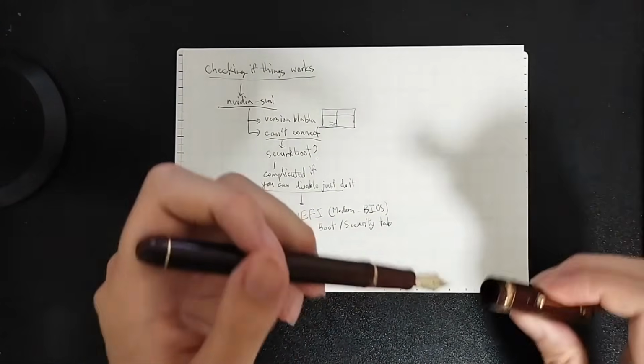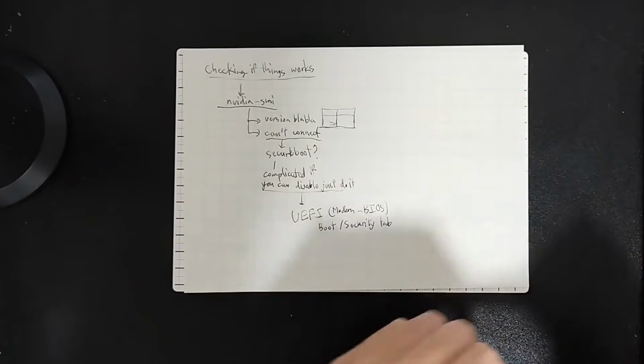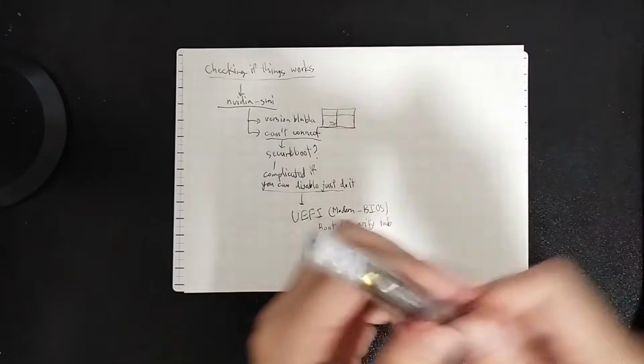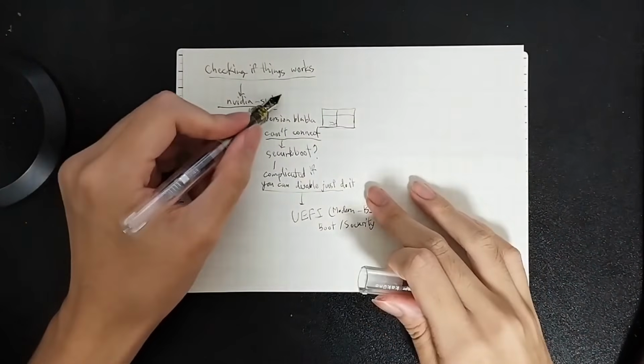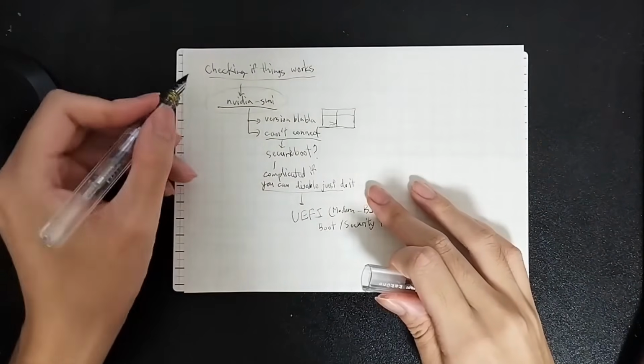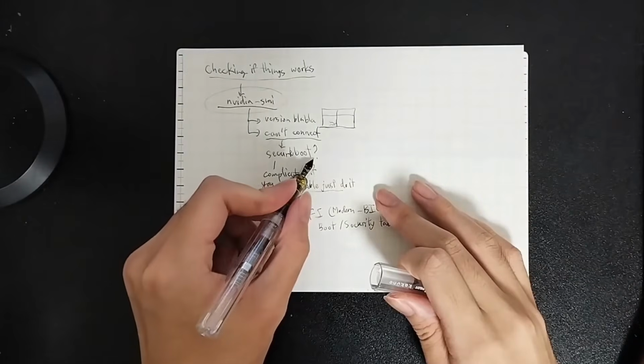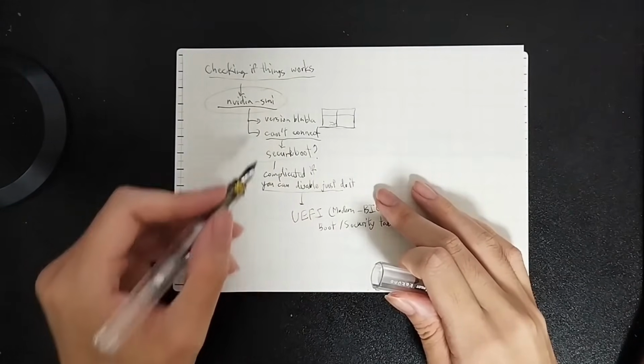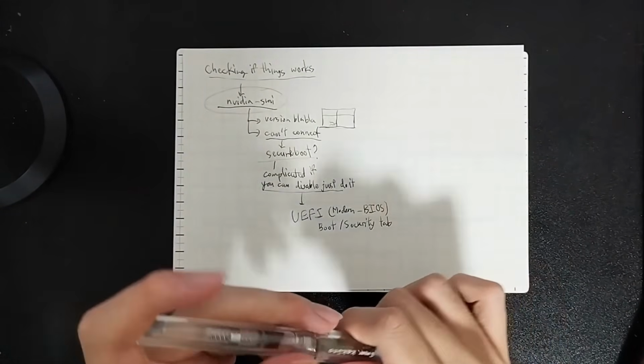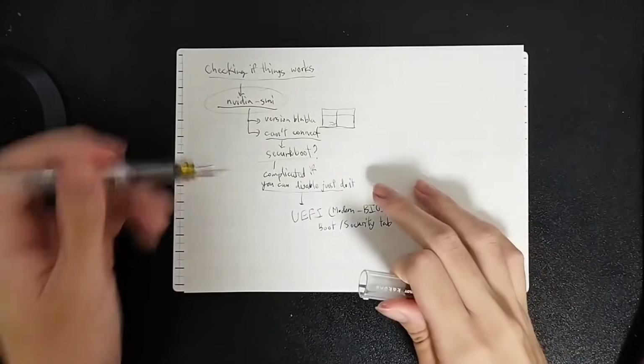But essentially, to recap a bit, the commands you need to know are this one to check if things work, and another thing you need to know is obviously Secure Boot. And once you disable this, try running this command again.